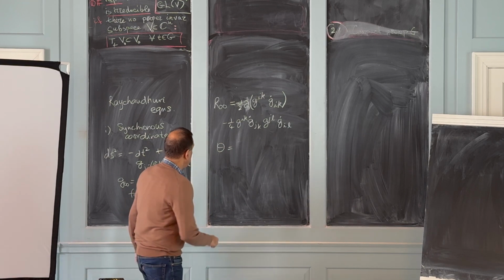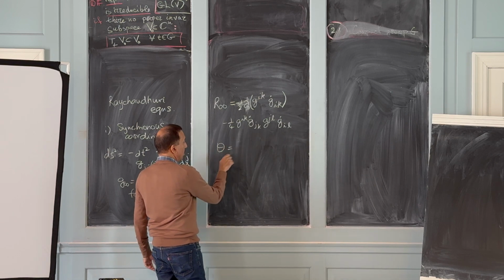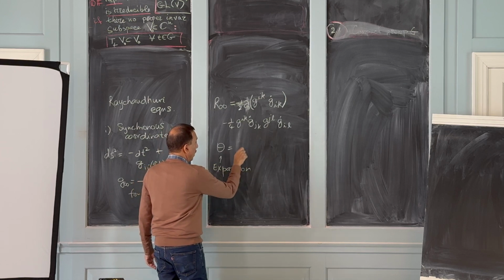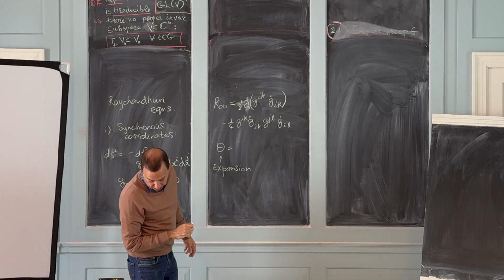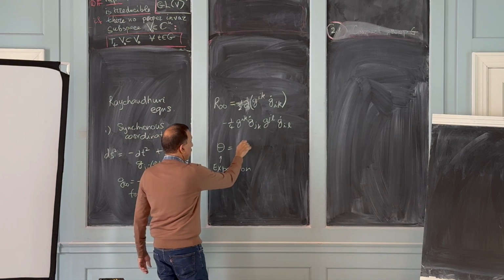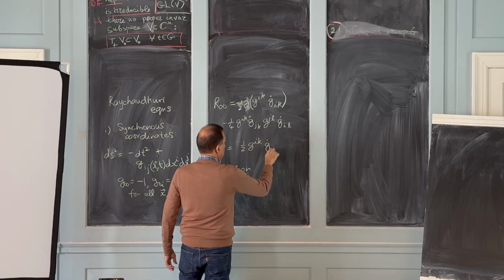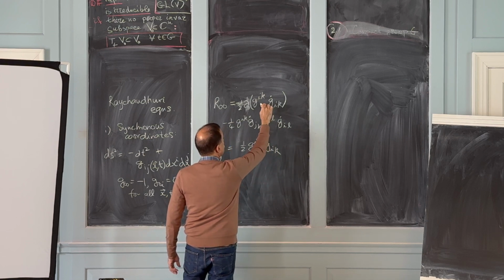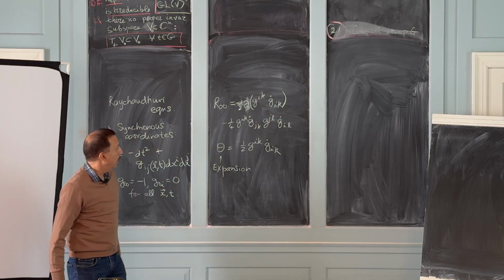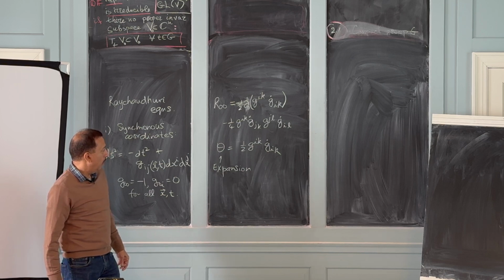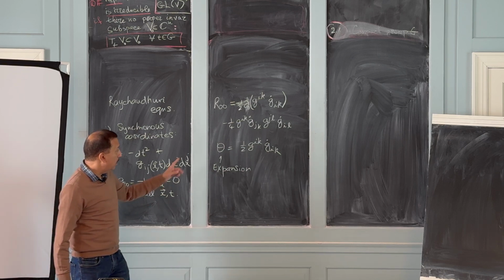Good. And so now we define the expansion, and it's our key player in this story of singularities. And this thing is exactly half g^{ik} g-dot_{ik}. So it's the thing that appears in there. And why is this interesting?